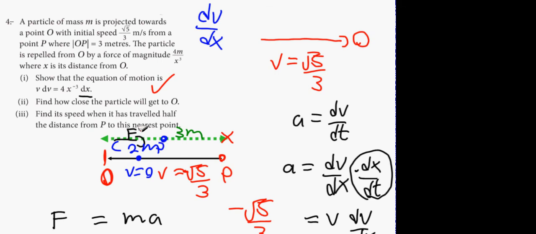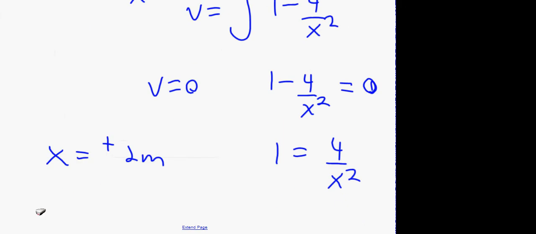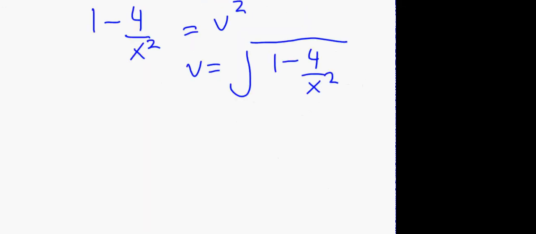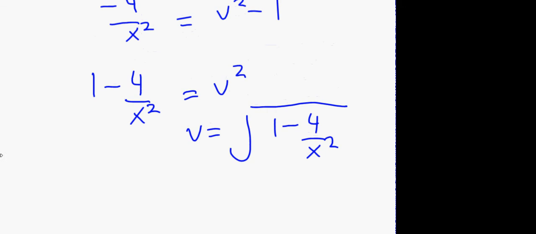It travels 0.5, but x is defined as displacement away from O. So x is 2.5. Okay? So in this question, x is 2.5 because x is defined as your distance away from the point O. So x equals 2.5.